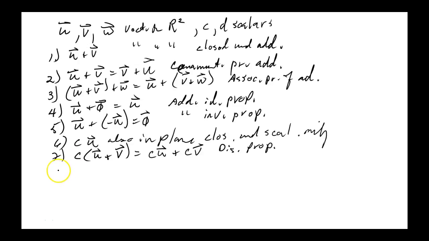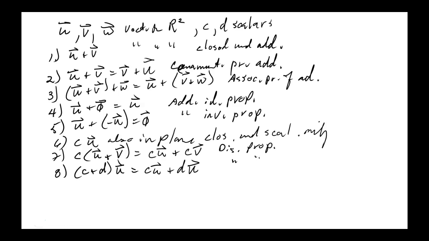And that next one is C plus D times vector U, is what? It's also a distributive property, but that one is the distributive property of vector multiplication over scalar addition.